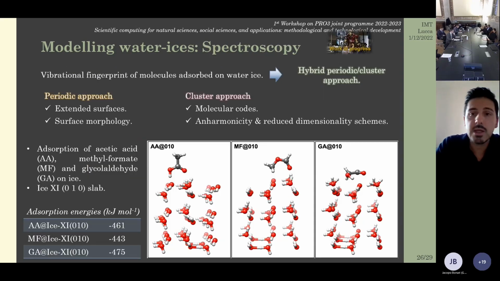I just mentioned that we are now working on modeling the spectroscopic properties of molecules adsorbed on the ice.